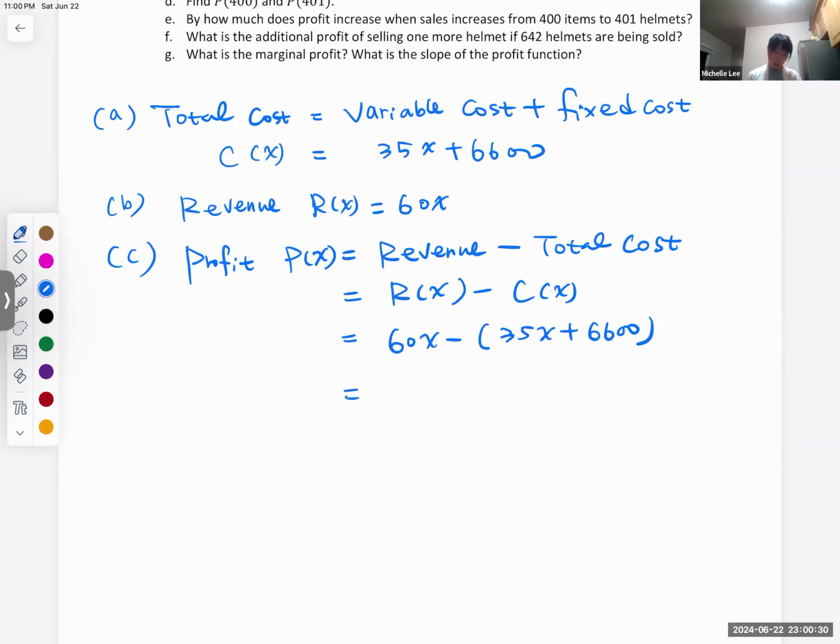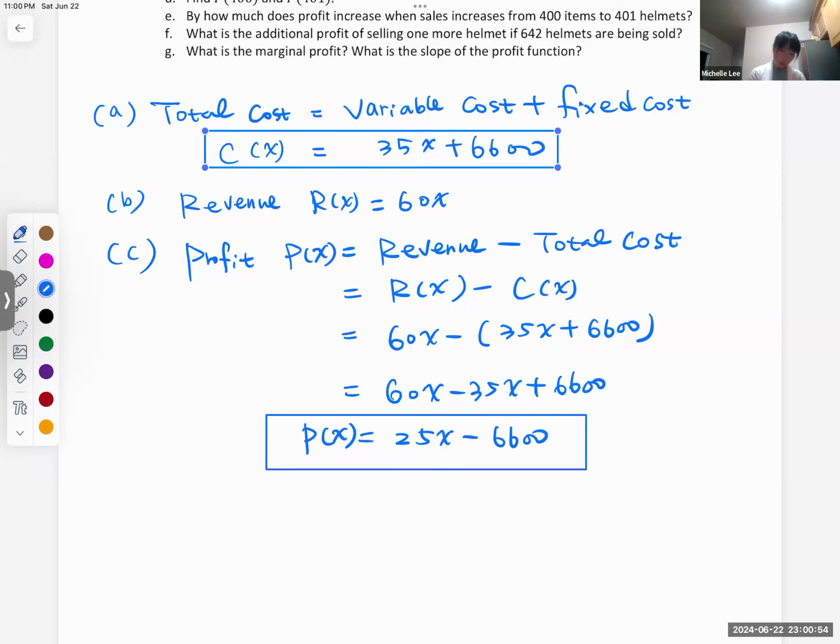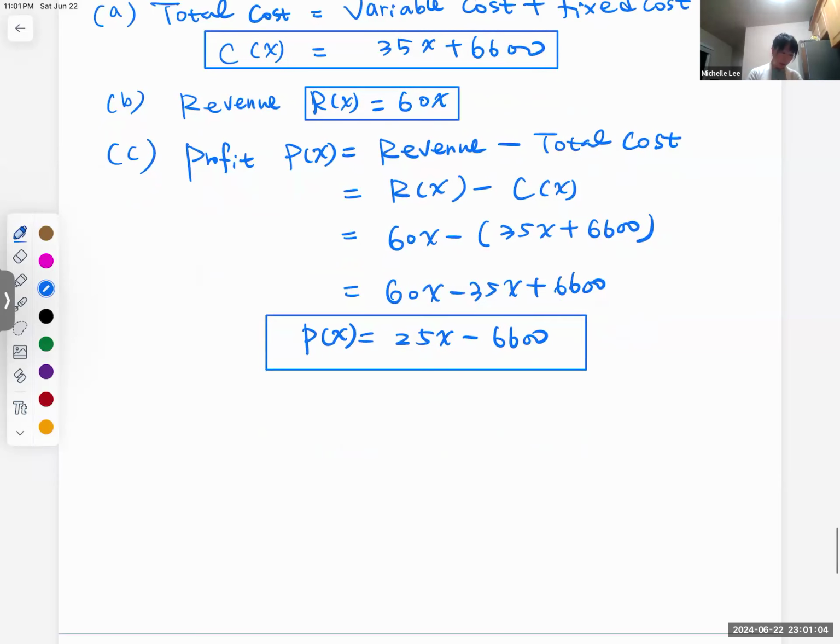Let's simplify. So 60x minus 35x plus 6600. That will be 25x minus 6600. So there is P of x. So this is the total cost, and this is the revenue. Okay, next one. Almost done.